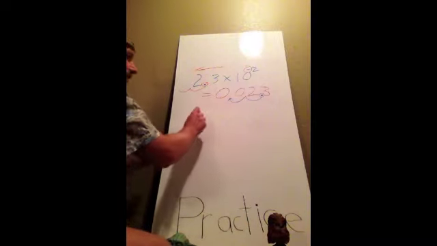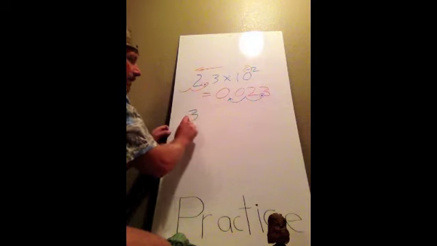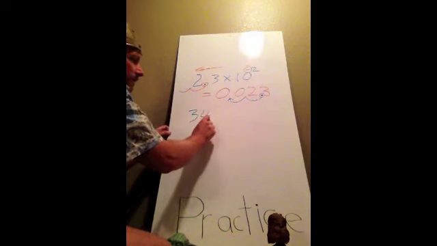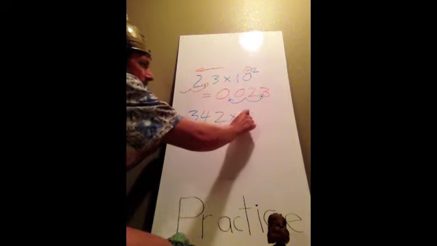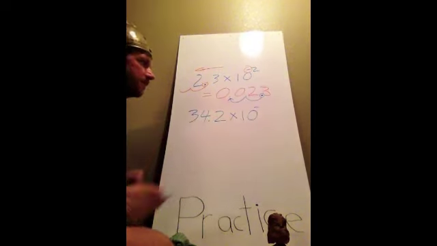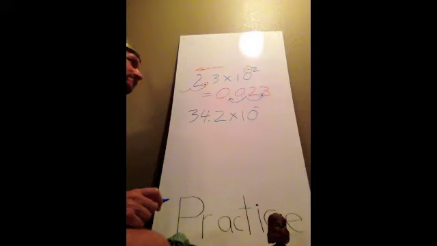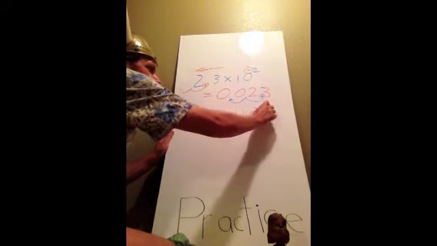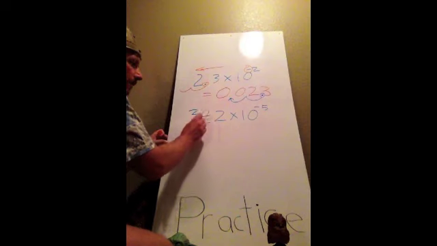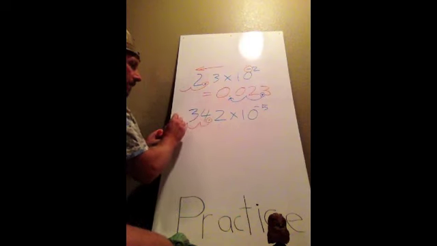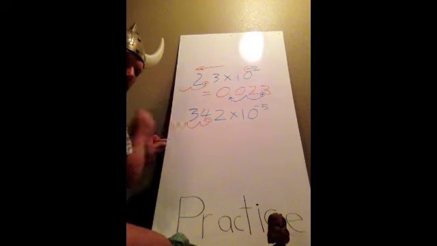Take a look at another one. 34.2 times 10 to the negative 5. Let's go crazy. 1, 2, 3, 4. Oh, went off the board.